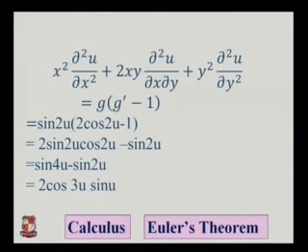Multiplying this, we have 2 sin 2u cos 2u minus sin 2u, so this is sin 4u minus sin 2u. We know the formula of sin C minus sin D, which gives 2 cos 3u into sin u. So we have this type of question.